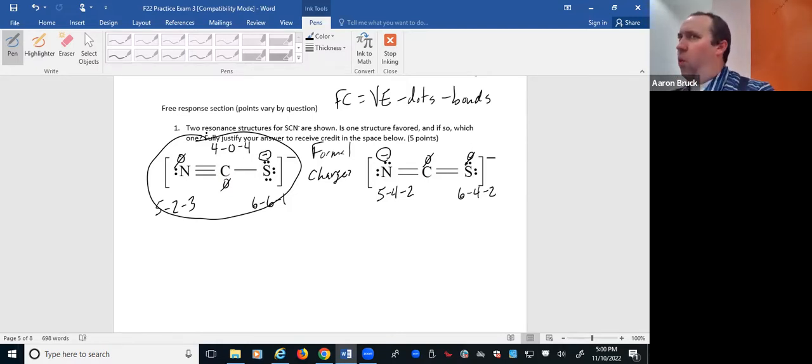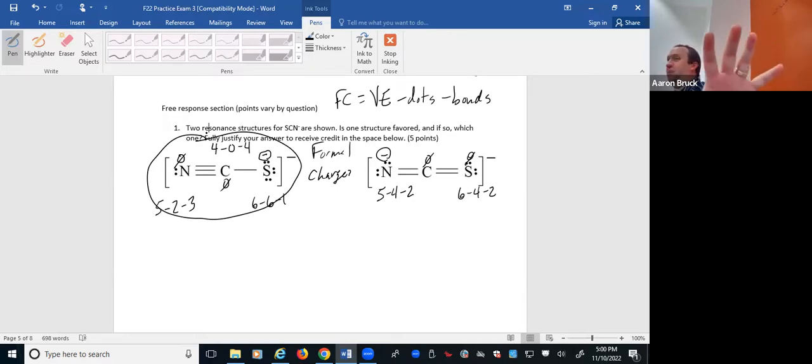Now, one important thing that does get drawn out here: if we are looking at electronegativity as being the thing that determines what is best suited to carry that extra negative charge, what we're going to find is that the nitrogen actually is more electronegative, and that would lead you to choosing the right-hand answer. And so this is from an old exam.